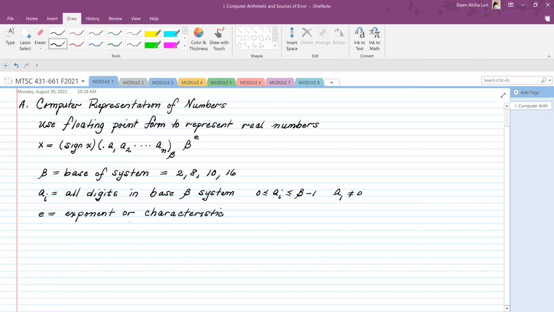And we have some number little m, which is less than or equal to E, which is less than or equal to capital M. And little m and capital M are integers, and these vary by computer.